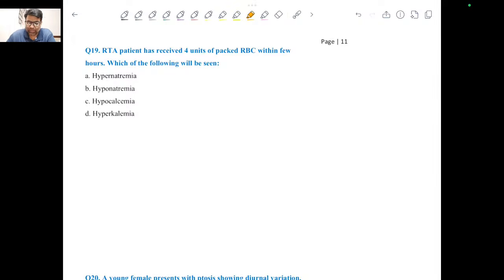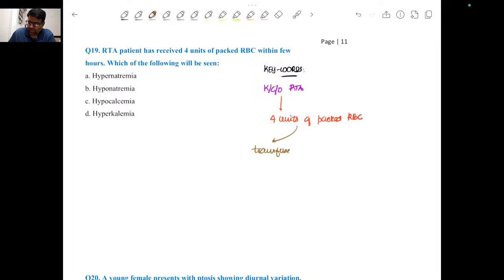A road traffic accident patient has received 4 units of packed RBCs within a few hours. Which of the following will be seen? So again, keywords: known case of road traffic accident and 4 units of packed RBCs transfused quickly.